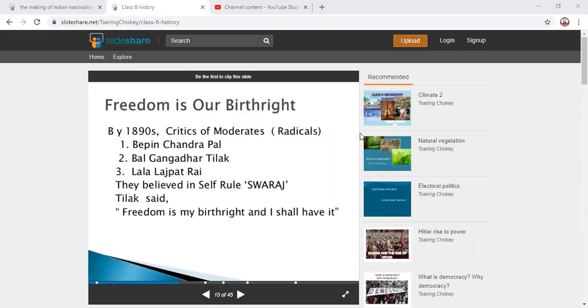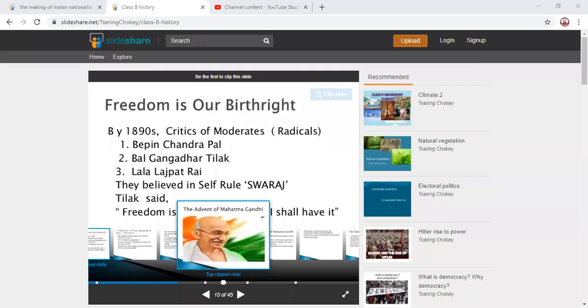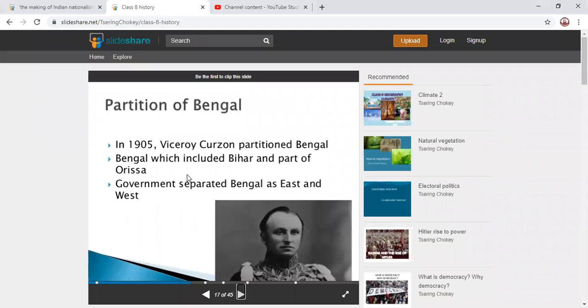Administration was not possible on Bengal as easily. That's why, for their convenience, Britishers, Viceroy Curzon, partitioned Bengal into two parts at that time.